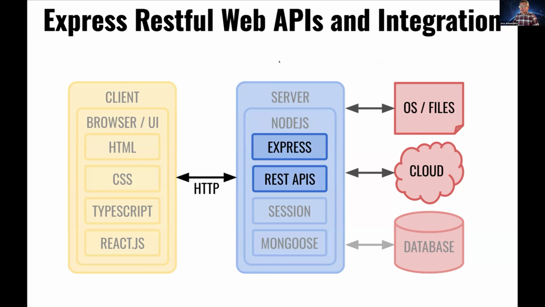Oftentimes this server is referred to as the middle tier, since it sits in between two large architectural parts of an application, the user interface and the back end, which oftentimes is some kind of service or database or some other resources that are enterprise resources of the company or institution. And the server sits in between, often referred to as a middle tier.